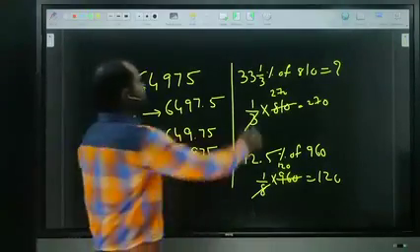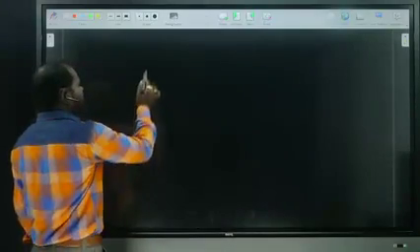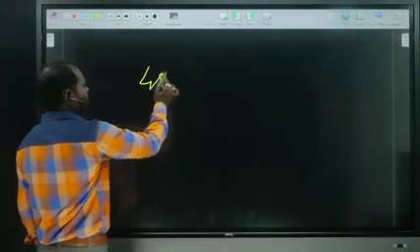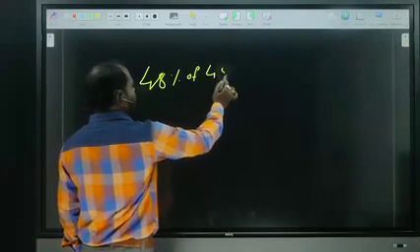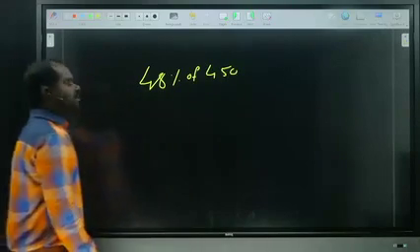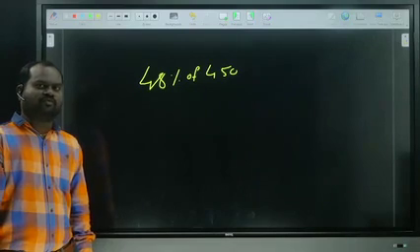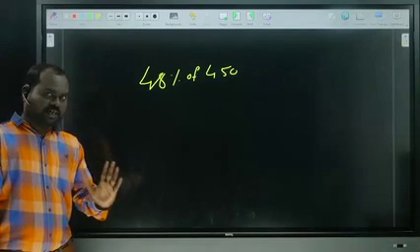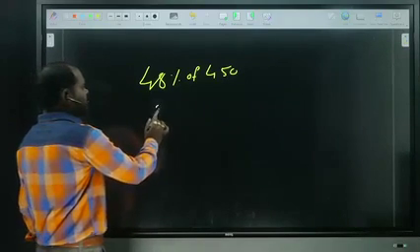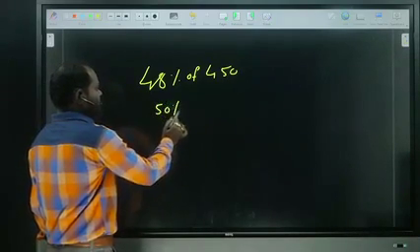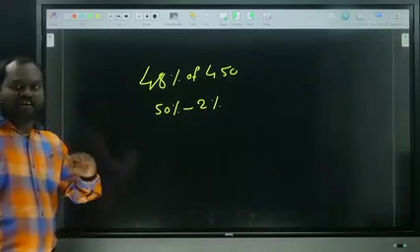Now, in case I wanted to find 48% of 450, how can we calculate it simply? We can break 48% as 50% minus 2%. 50% is nothing but half of the number.